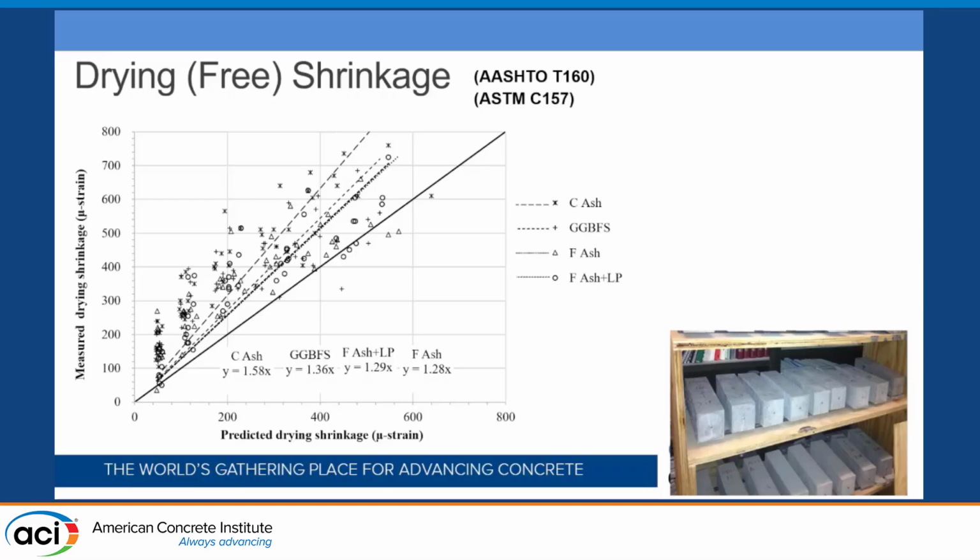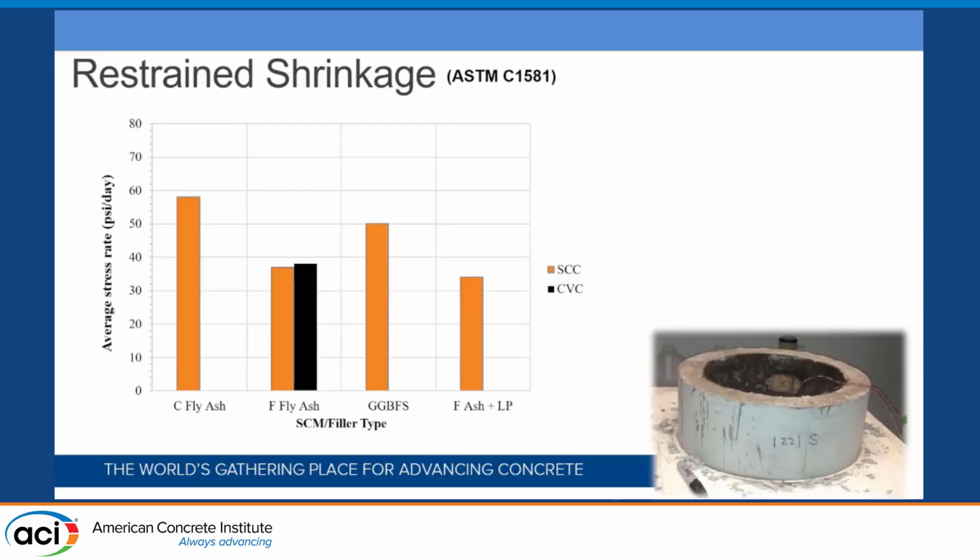You can see the coefficient, Y equals coefficient times X, is about 58% higher in this case compared to the one with Class F fly ash. It gave 1.28. So a big difference based on the SCM. So that was a decisive factor here, the type of supplementary cementitious material used in this study.